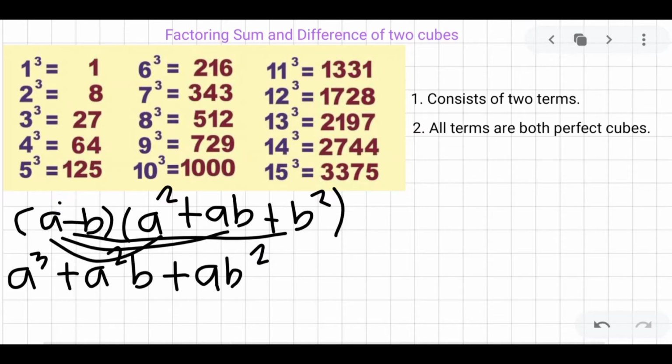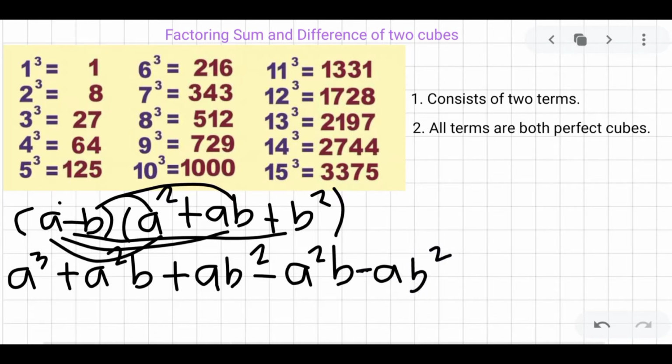A negative b times a squared, the answer is negative a squared b. Then negative b times positive ab, the answer is negative ab squared. Negative b times positive b squared, the answer is negative b cubed.